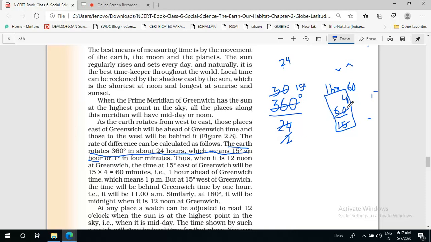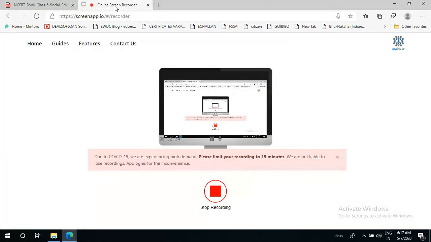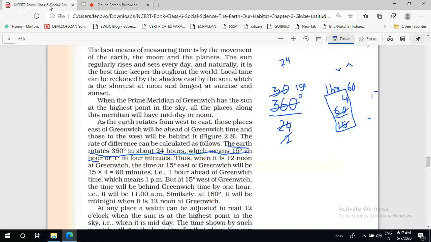Okay, now we will calculate the timing and how it will be done. Today we are stopping this discussion here only. You must do these calculations in your rough copy, not in your fair copy, and you must understand the things: how the earth is moving 360 degrees, and how many hours the earth takes to move 360 degrees.